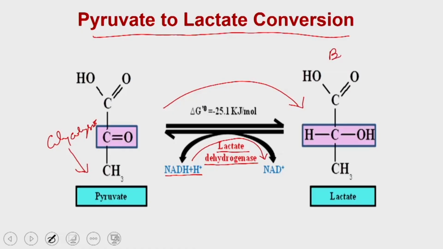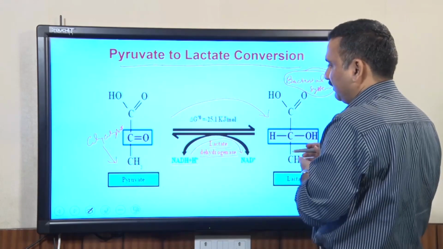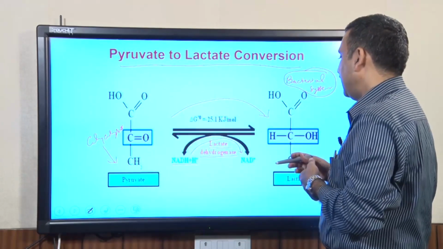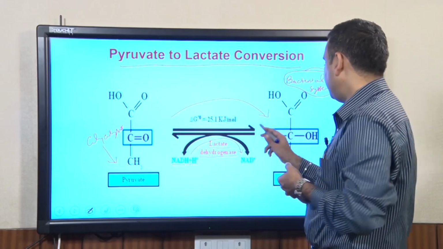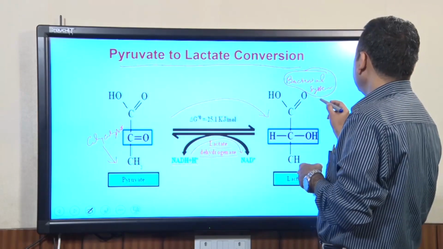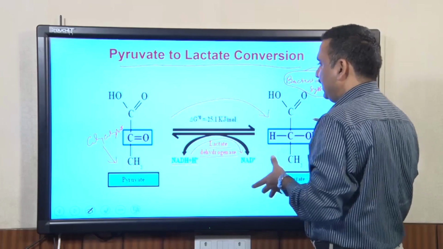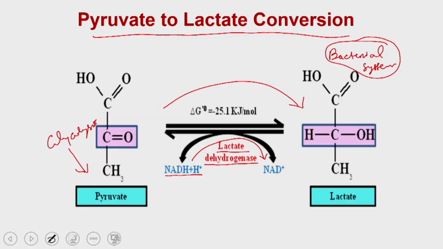In the bacterial system, when the bacteria is growing under anaerobic conditions, it cannot utilize the pyruvate in the downstream metabolic pathways, and once the pyruvate accumulates in the cell, that drives these reactions, and the pyruvate gets converted into lactic acid in the presence of lactate dehydrogenase. One classical example of a bacterial species which utilizes this reaction very optimally and produces the lactate or the lactic acid is Lactobacilli.